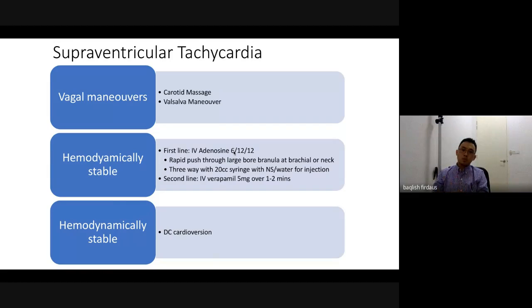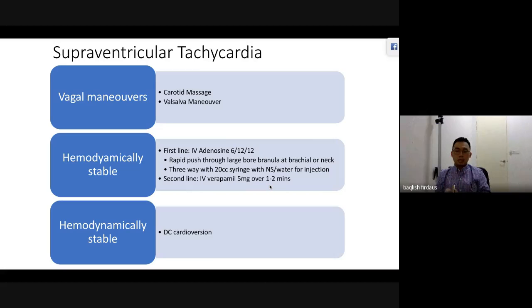After you give adenosine, you must flush with 20 cc normal saline, because the half-life of IV adenosine is very rapid. If this measure fails, 6, 12, 12 of adenosine, you can give the patient IV verapamil 5 mg slow bolus.